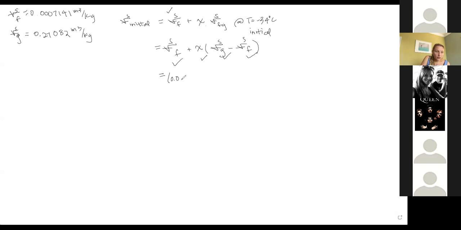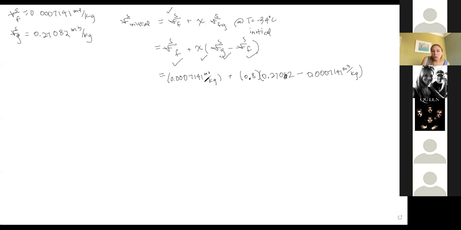So 0.0007141 cubic meter per kilogram plus our initial quality, 0.8, times the specific volume of our vapor, 0.27082, minus the specific volume of our liquid, 0.0007141 cubic meter per kilogram.